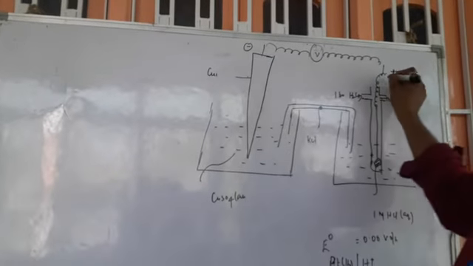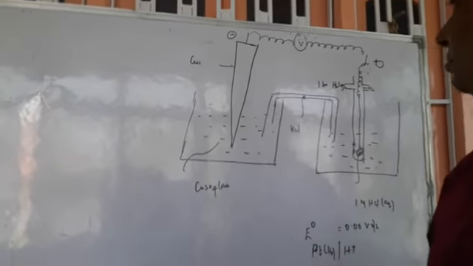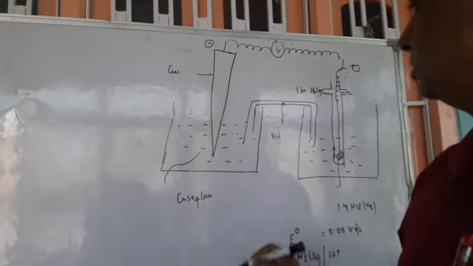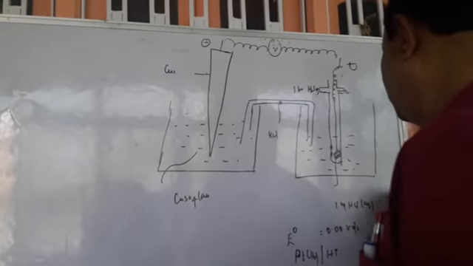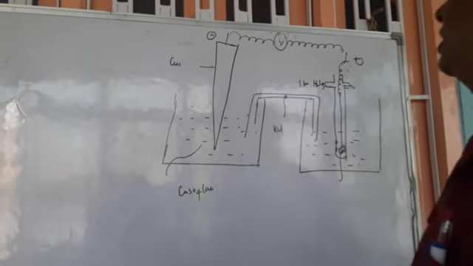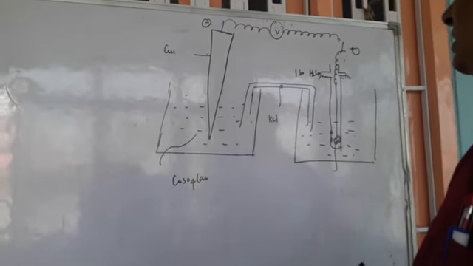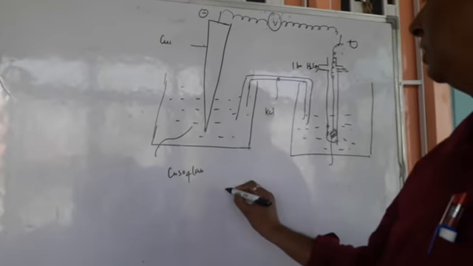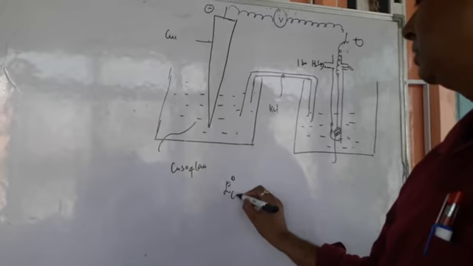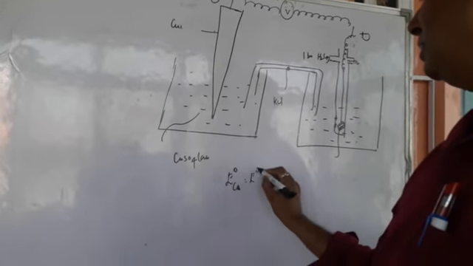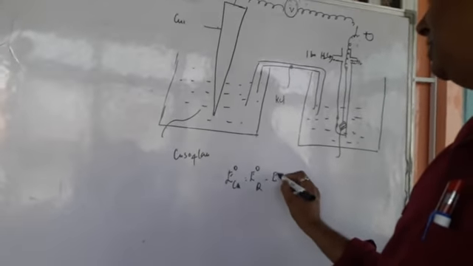This is the anode and this is the cathode. In this way we can calculate the EMF of the cell: E° cell is equal to E° right minus E° left.